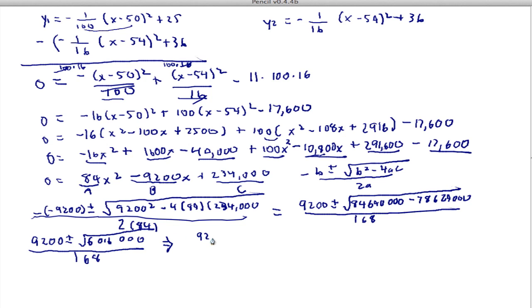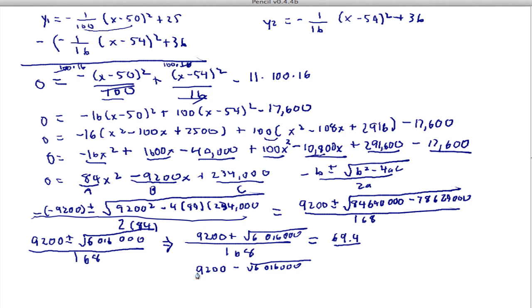So we can have 9,200 plus the root of 6,016,000, divided by 168, which gives us a value of 69.4, or we can have 9,200 minus the root of 6,016,000 over 168, which gives another value of 40.2.